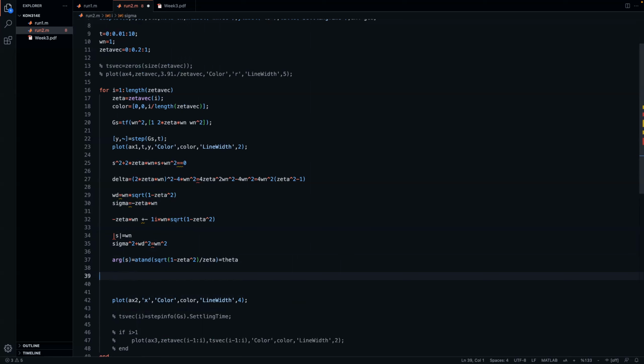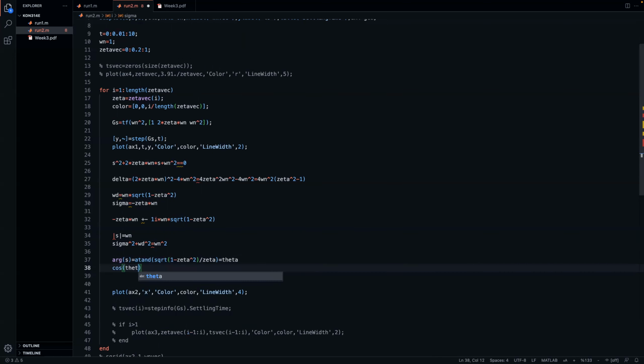Therefore, you can write down what cosine theta is, and that's going to be this portion divided by the hypotenuse, which is 1, so it's going to be zeta. So you can work out what zeta is, because you might want to use the angle of your solution, the argument of s, which is theta, and take the cosine. Let's call this cosine d, because d stands for degrees. And you can calculate what zeta is.